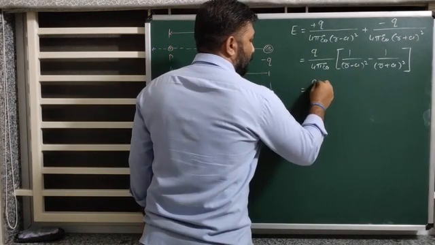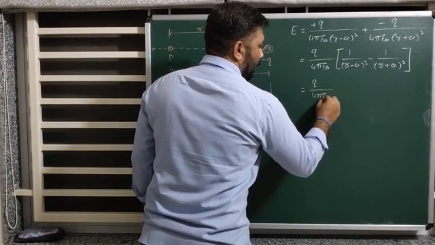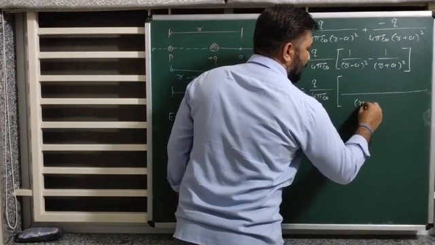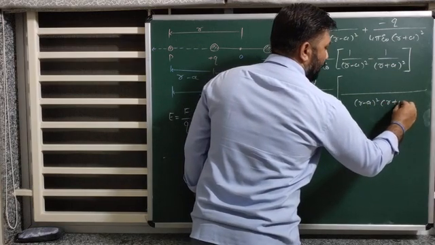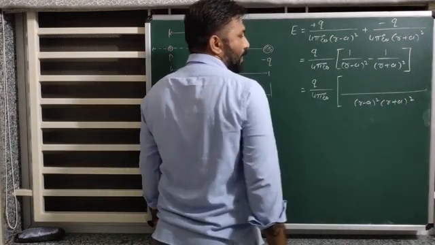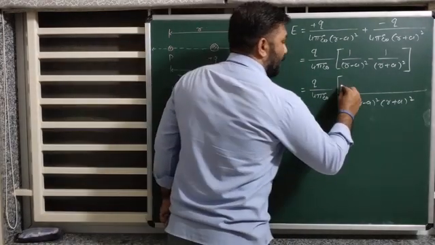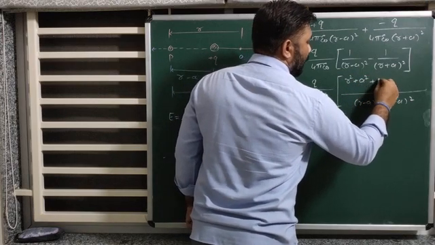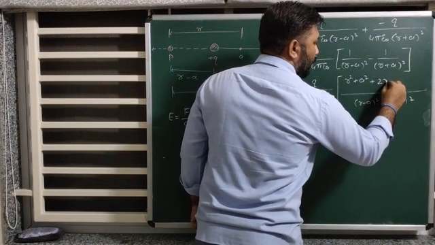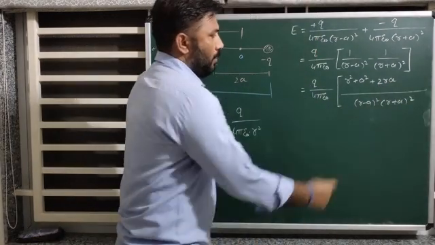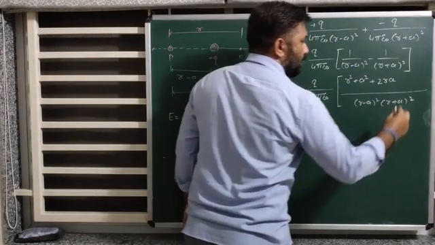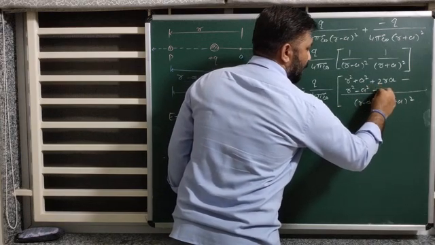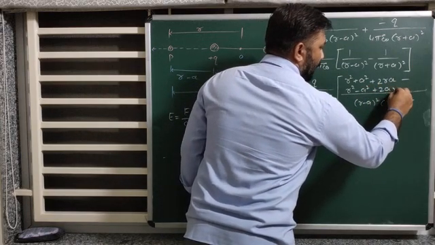Right? This is equal to q by 4 pi epsilon 0 multiplied by, do cross multiplication, that is (r minus a) whole square times (r plus a) whole square, cross multiplication and then simplification. So you will get r square plus a square plus 2ra, minus r square minus a square plus 2ar.